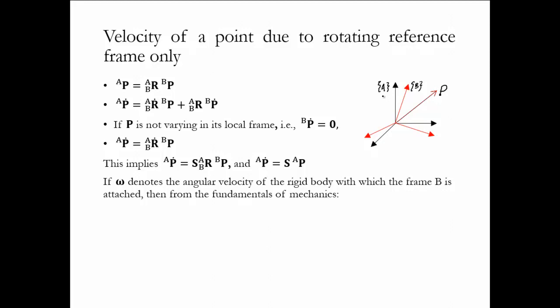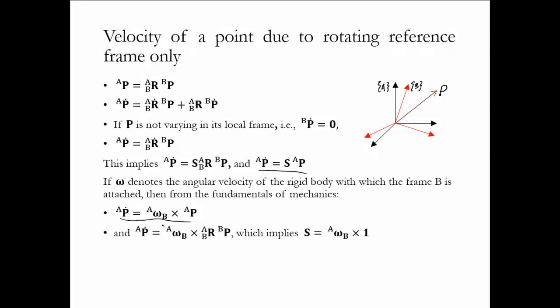Now, from the fundamentals of mechanics, we can say that P_A dot is equal to omega of B with respect to A cross the position vector of point P in A. So this is true from mechanics. If you see this relation and the relation here, we can deduce that S is equal to omega cross 1.